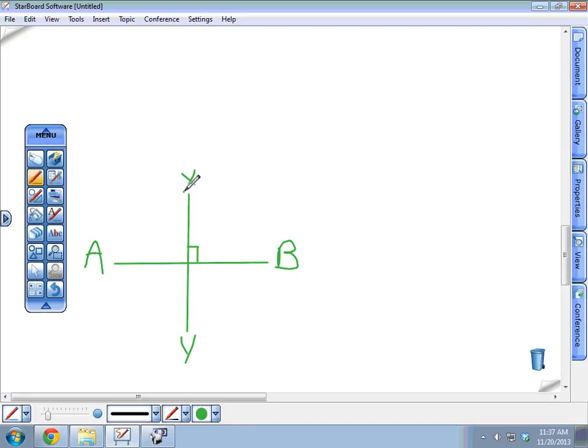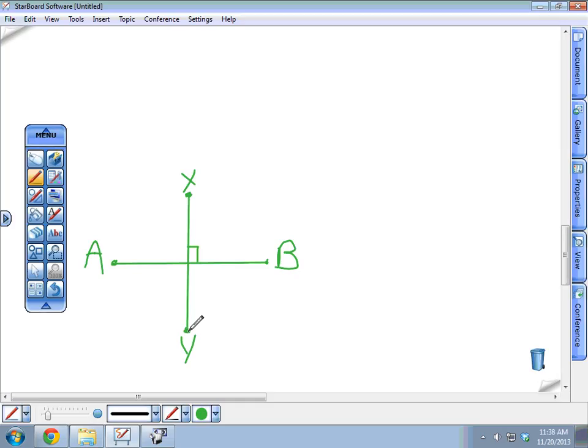Let's put some points on here so we know what we've got happening here. Okay, so a line, a ray, or a segment perpendicular to a given segment at its midpoint is a perpendicular bisector.